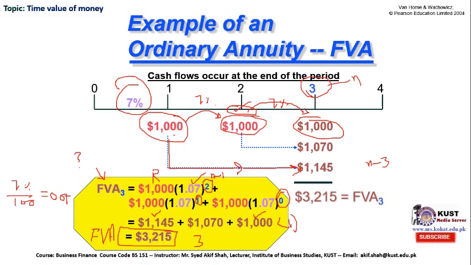It means that the amount you have actually invested in the bank was $3,000, and this $3,000 over the period of 3 years will reach $3,215, and this is our future value of an ordinary annuity.